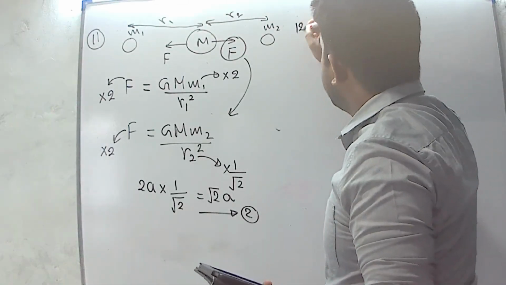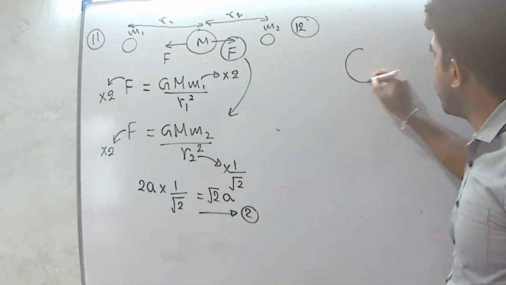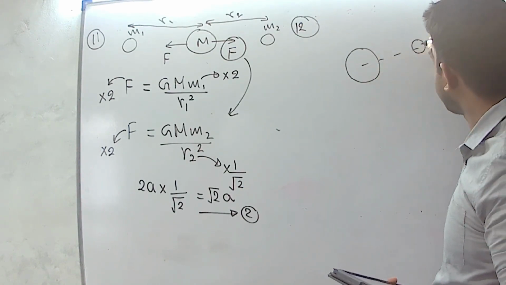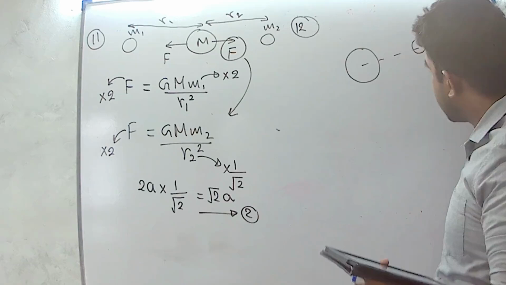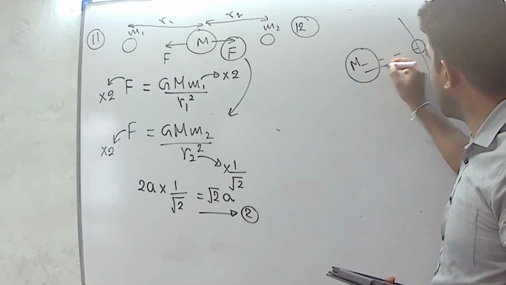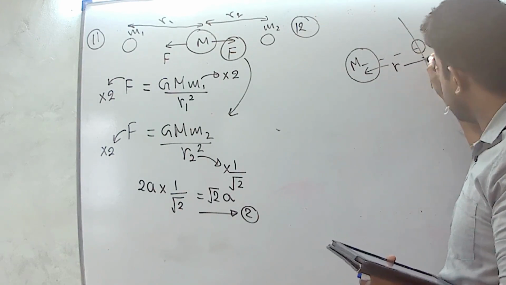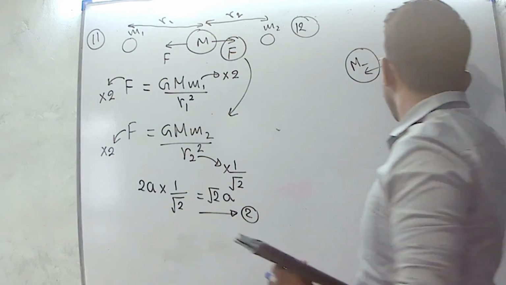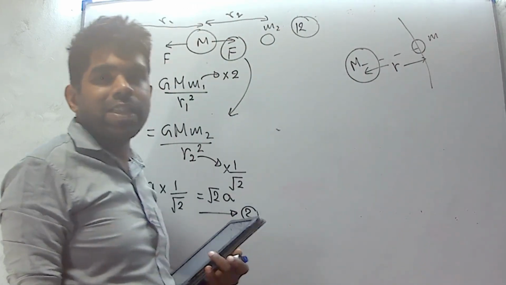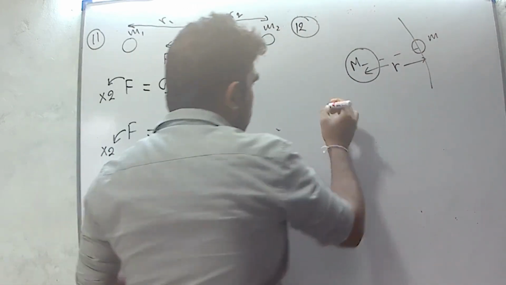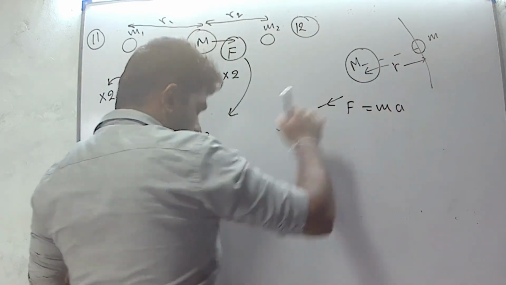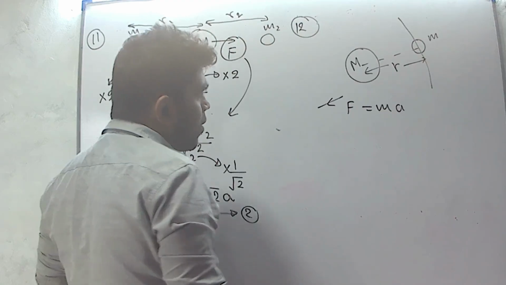I will consider a satellite moving around the planet. Mass of satellite small m, mass of planet capital M, radius of orbit R. Now we can use F equals ma for the circular motion, towards the center. The centripetal force is given by the gravitational force.